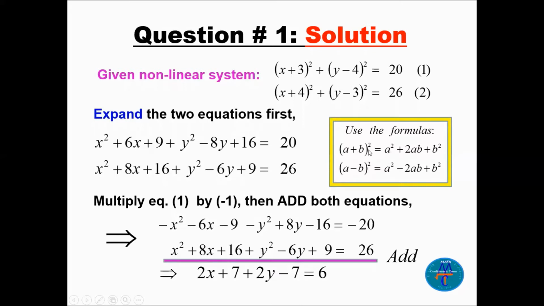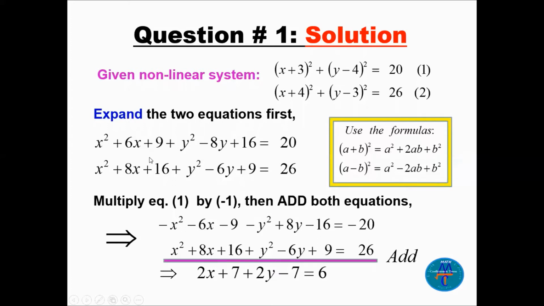So (a + b)^2 will be a^2 + 2ab + b^2. (a - b)^2 is equal to a^2 - 2ab + b^2. Note here that many students forget this middle term. We call it the middle term. And always here, plus b^2 in both formulas.